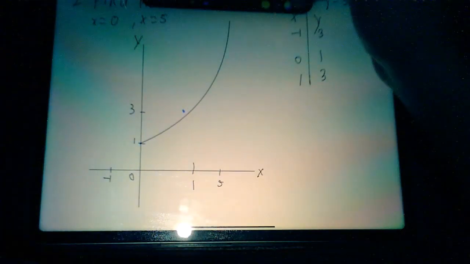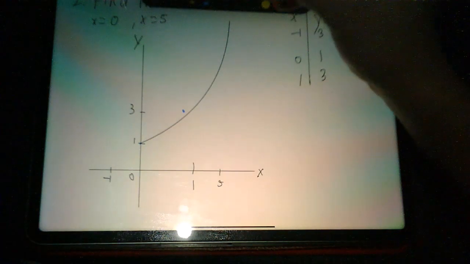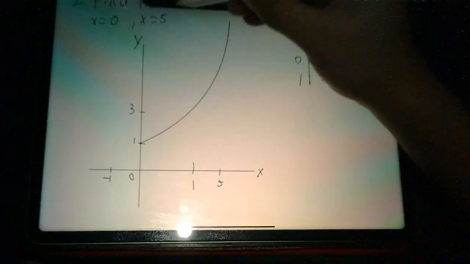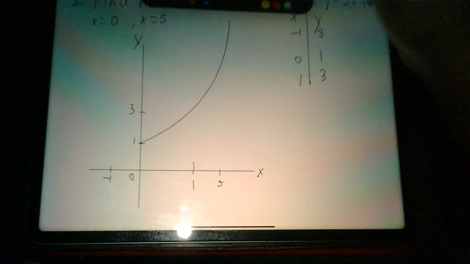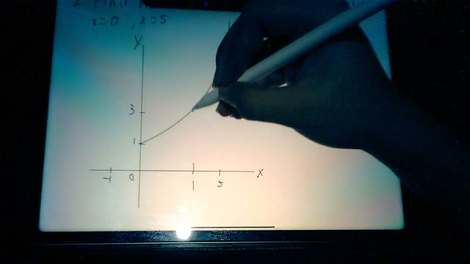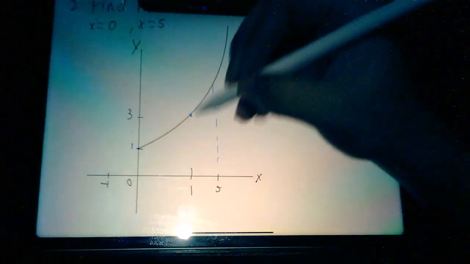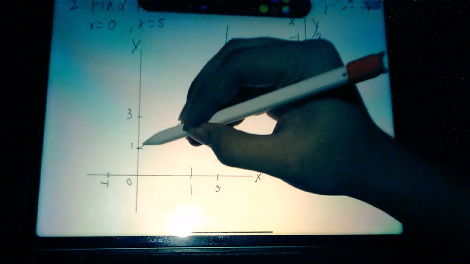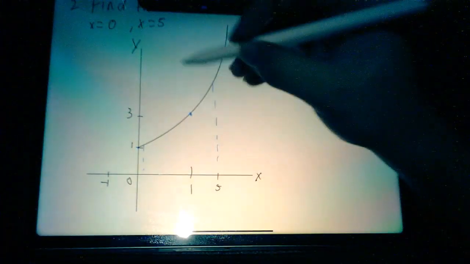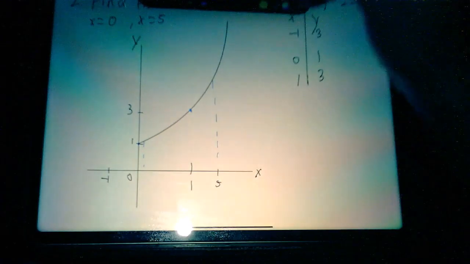Let's put this here. Now this is bounded by the limits from x equals 0 to x equals 5. So this is our area of interest.